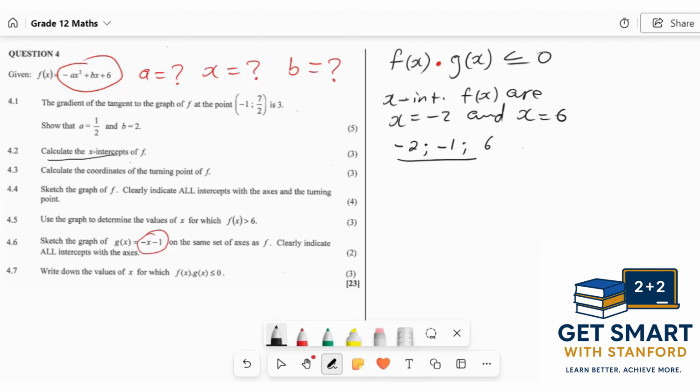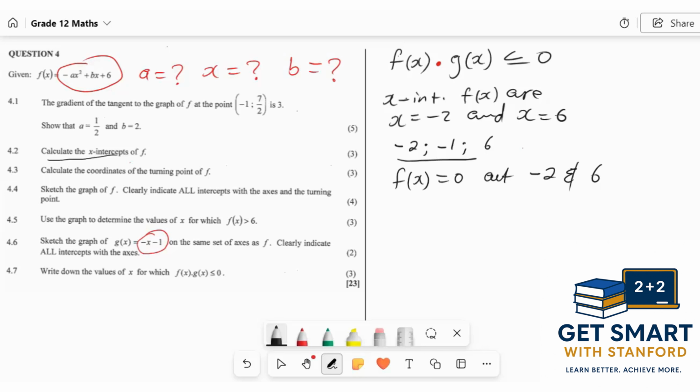And that is because the graph of f is 0 at -2 and 6. The graph of f is 0 there.